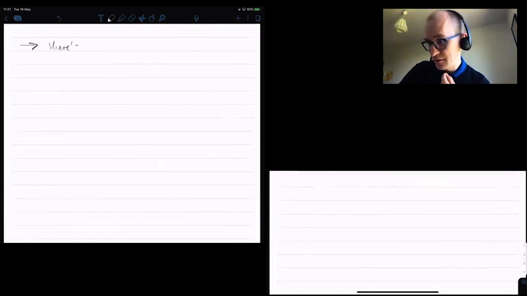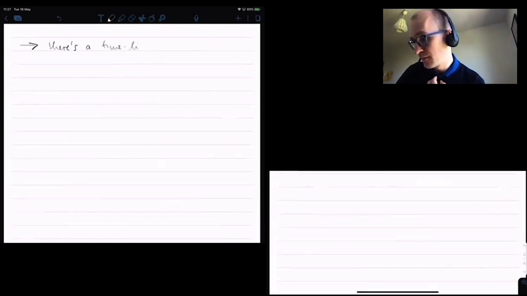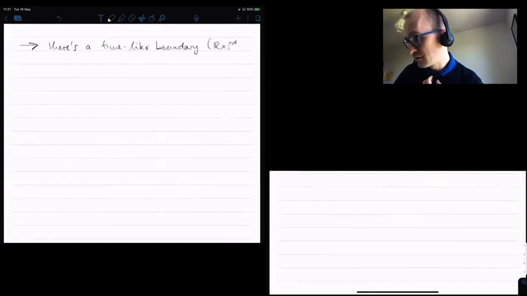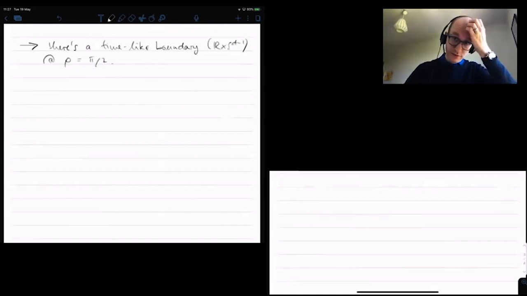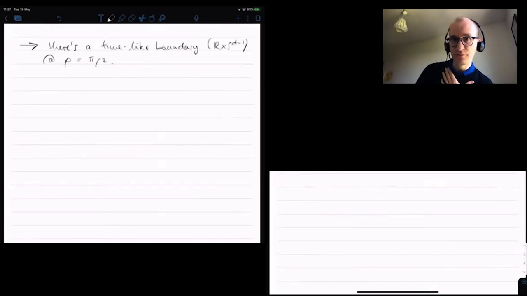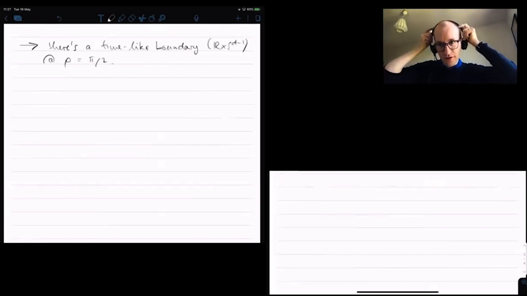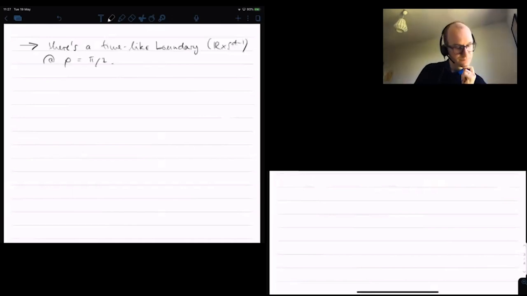Namely, there's a time-like boundary of the shape R times S^{d-1} at rho equal to pi over 2. And this is what we refer to as the conformal boundary of AdS. This is always what we really refer to when we talk about going to the boundary, or this and that quantity is defined on the boundary, and so on and so forth.